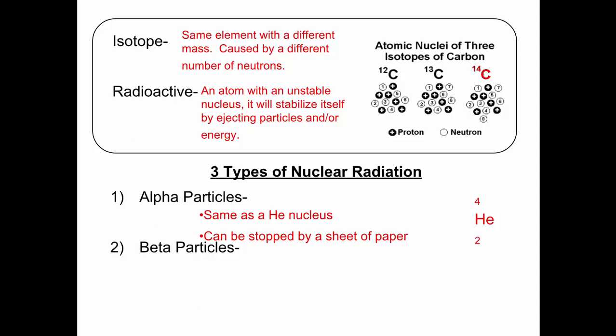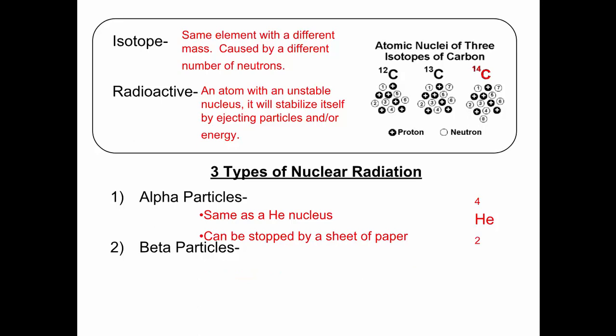Now alpha particles are actually really large compared to other types of particles released during the breakdown of radioactive elements. A single sheet of paper can block an alpha particle. Our skin can stop alpha particles from penetrating into our body.